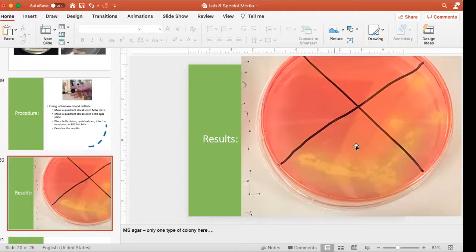I streaked 2 organisms mixed together on this plate, but only 1 of them grew. I've got 1 colony type here. So only 1 of the 2 unknown organisms grew. And as it grew, it turned the agar yellow.